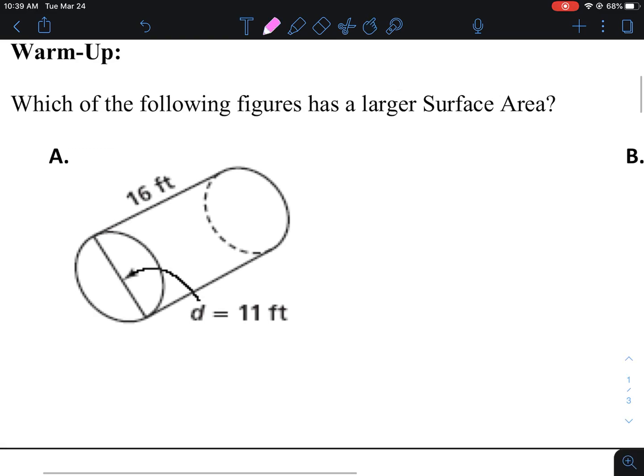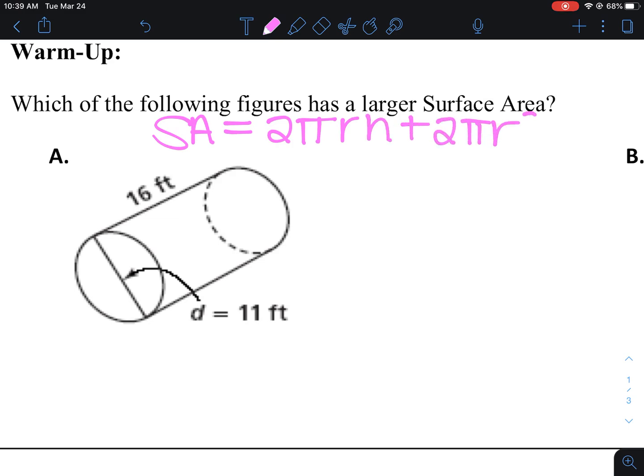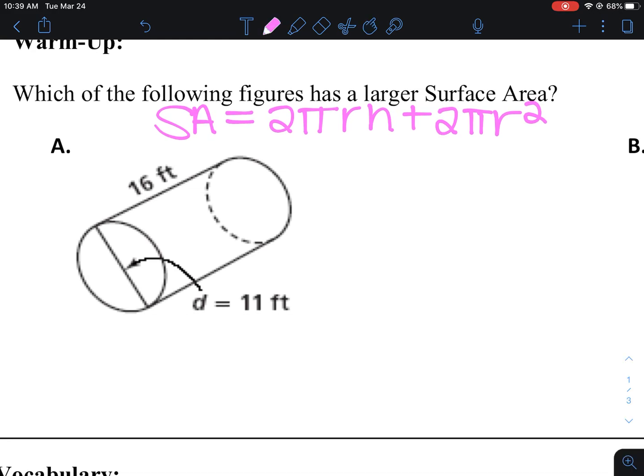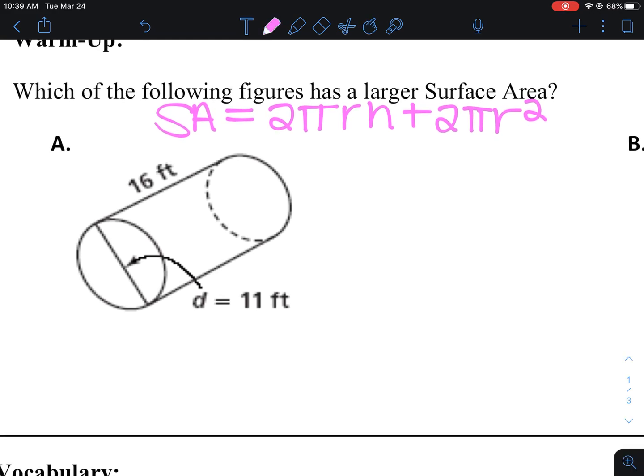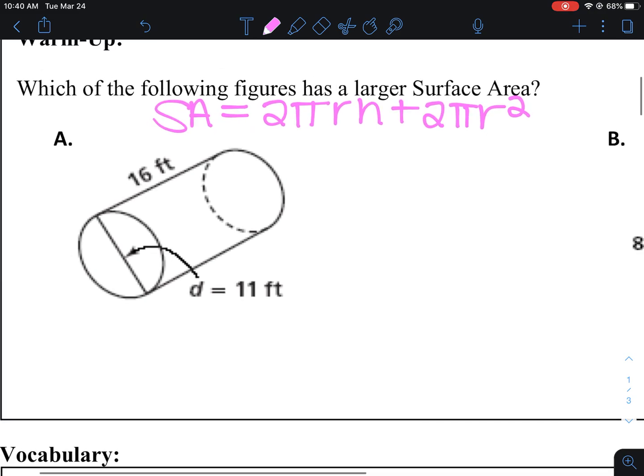Okay, so let's do the surface area of this cylinder. So remember, surface area for a cylinder is 2 pi RH plus 2 pi R squared, right? The lateral area is that first part plus the 2 pi R squared.